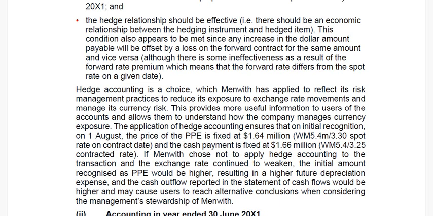So in a nutshell, hedge accounting is a choice. You can choose to hedge, or you can choose to ignore the risk and keep your fingers crossed, hoping that the exchange rate will move in your favor, in which case you pay less of your currency at the time when this plant is delivered.